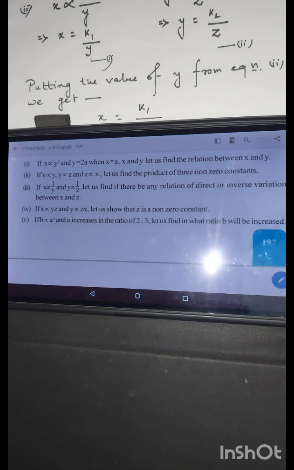increases in the ratio of 2:3, let us find in what ratio b will be increased. Okay, b varies as a cube and a increases in the ratio of 2:3. Let us find in what ratio b will be increased.